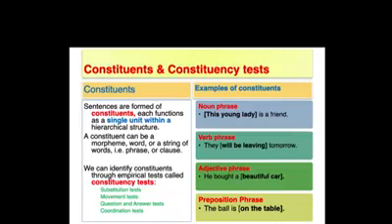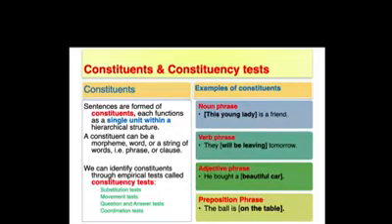We are going to come to a specific way to test how we know a string of words constitutes a constituent.